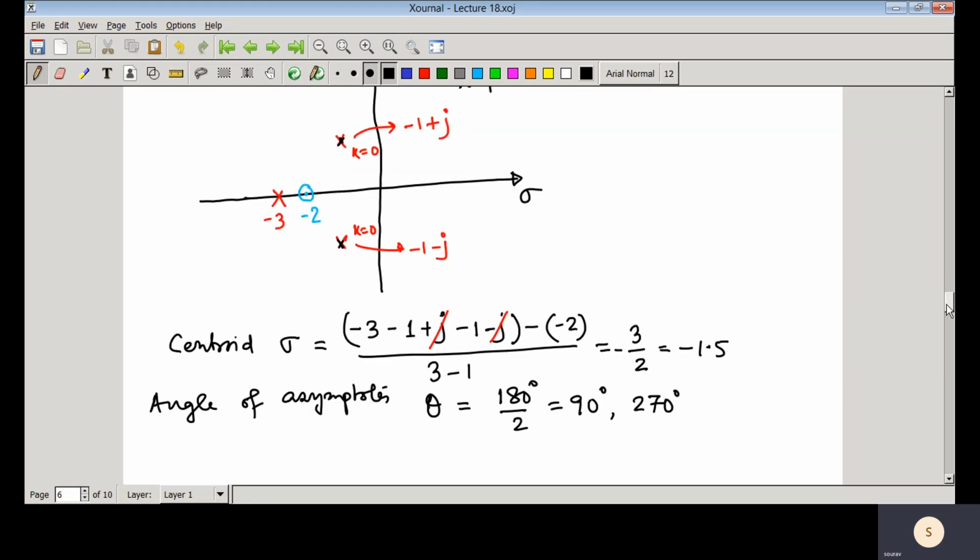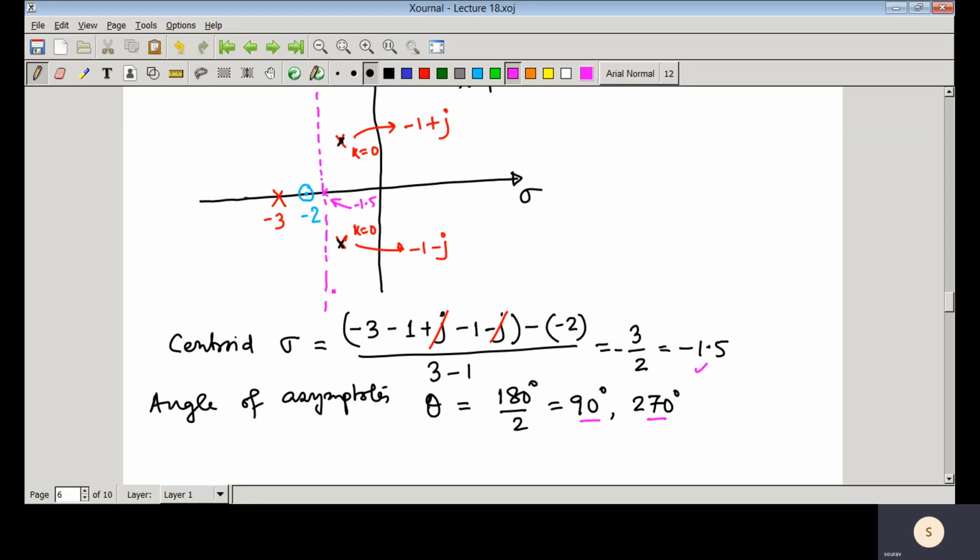So that means here you can see that the centroid is at minus 1.5. So this is that point which is minus 1.5, and the angles are 90 and 270. So basically your asymptotes would be like this.